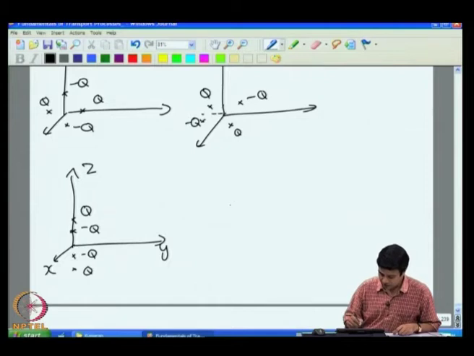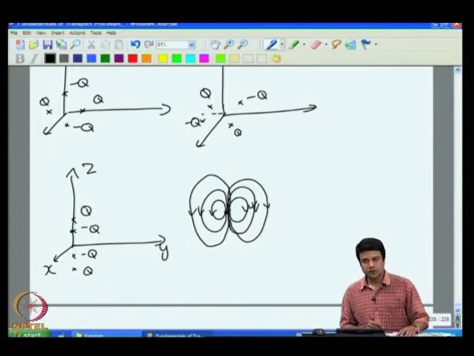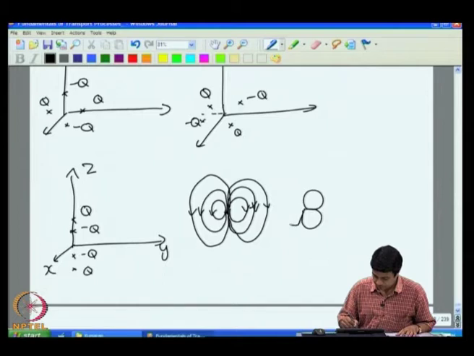So, the flux lines due to a dipole will look something like this. The quadrupole, since it has two sources and two sinks, looks something like this. This is for two sources and two sinks.